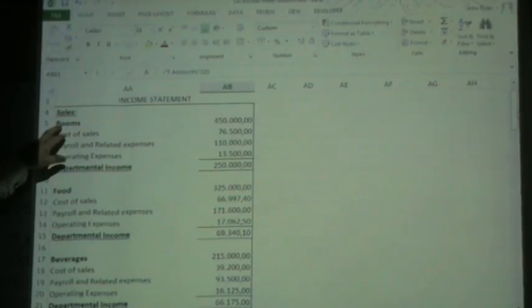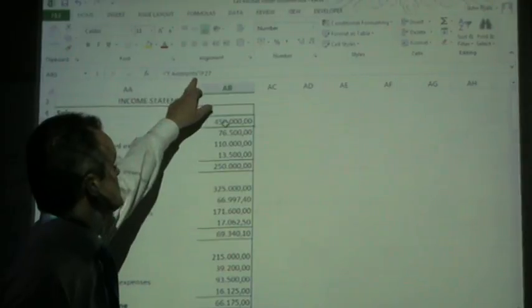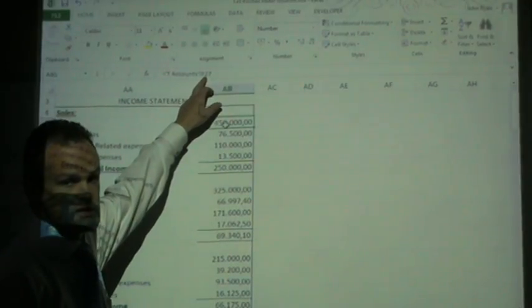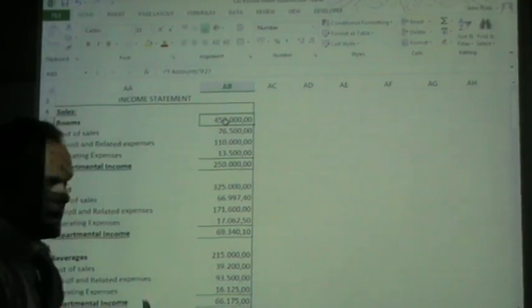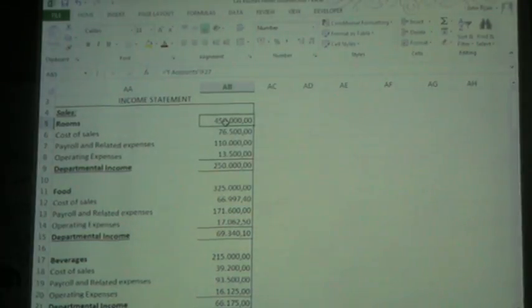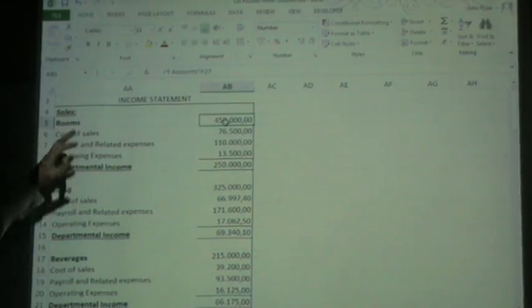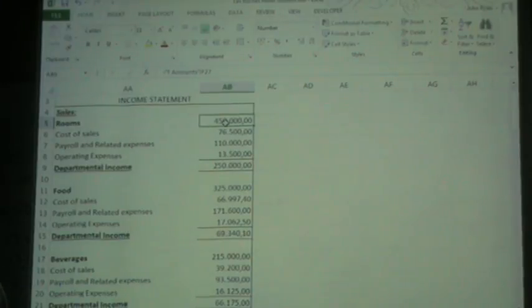When we're looking for these numbers, two things. Firstly, if you click on the actual cell itself, it tells you exactly where the number originated so that you can see how that number was determined. But obviously, if we're talking about the room sales, that comes from the sales T account.